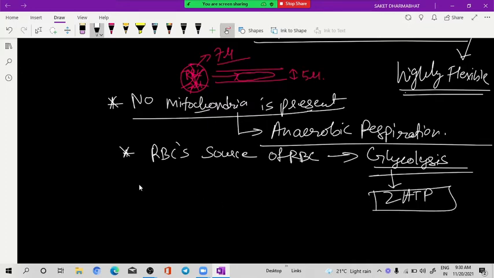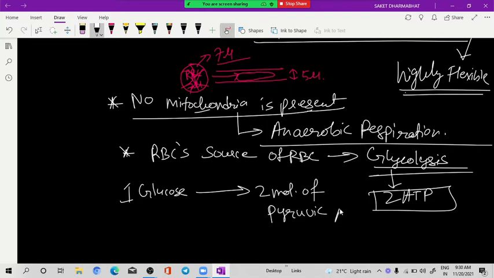What is glycolysis? Glycolysis is a process in which one molecule of glucose converts into two molecules of pyruvic acid. This process is called glycolysis. This reaction consists of 10 steps to complete, and it takes place in the cytoplasm.